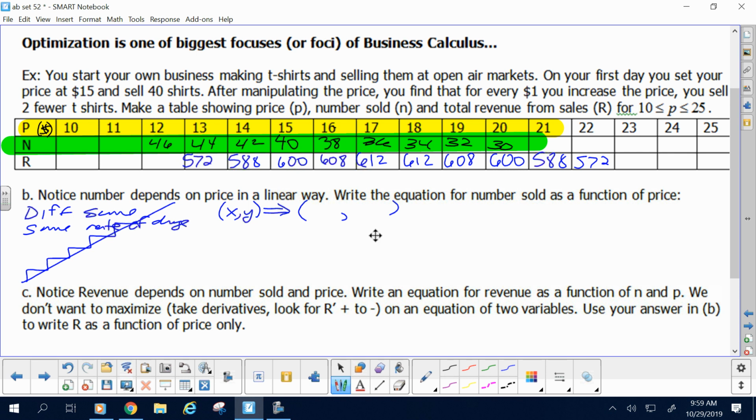So that makes it independent. So price is the x, the independent variable, and the dependent variable is the number sold. Revenue I'll get to in the second piece, but right now I'm just talking about P and N. You down? Yeah.